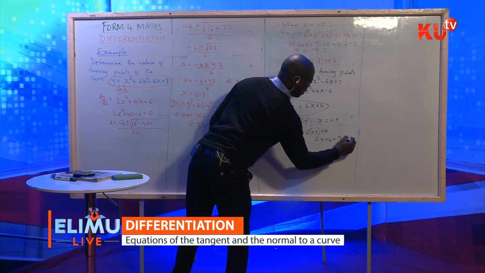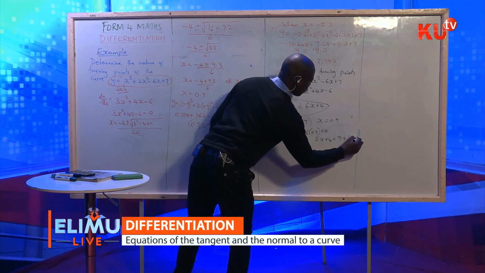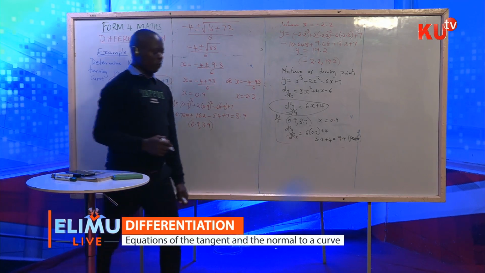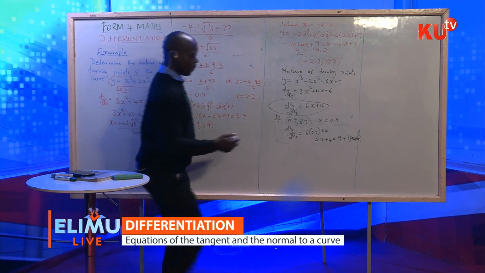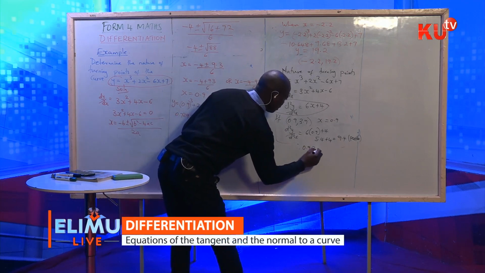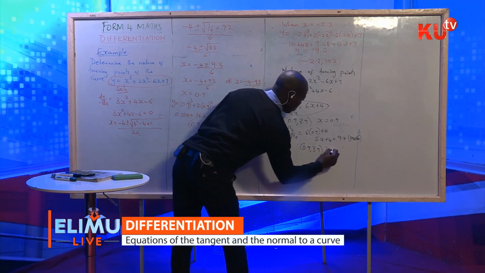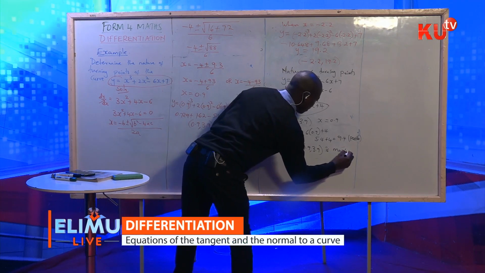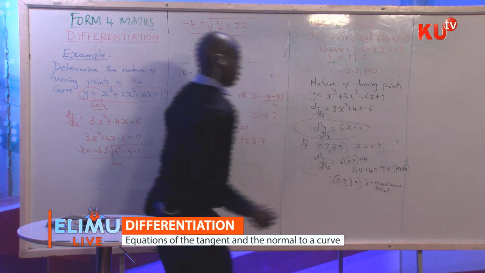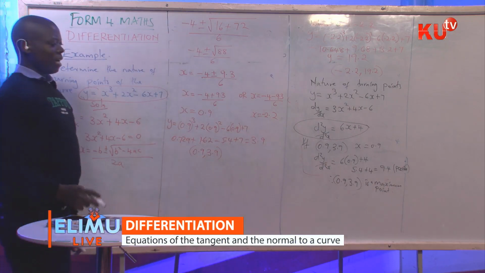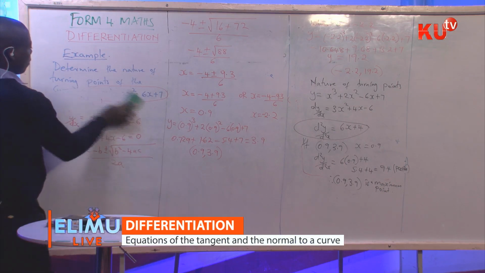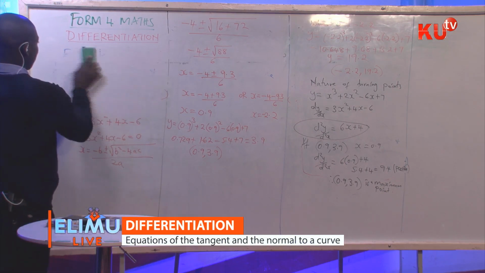And this value is a positive solution. So what does that mean, students? It means, therefore, 0.9, 3.9 is a maximum point for the function that we've been given.